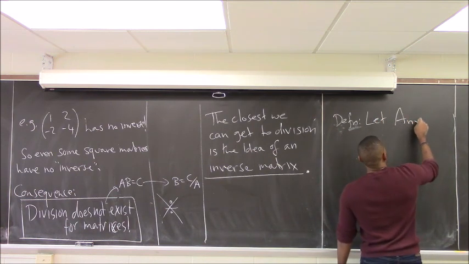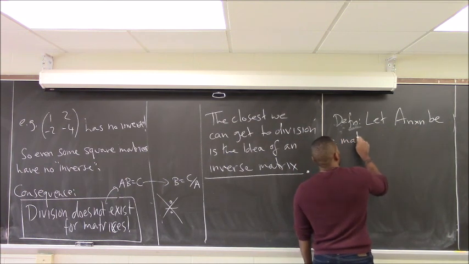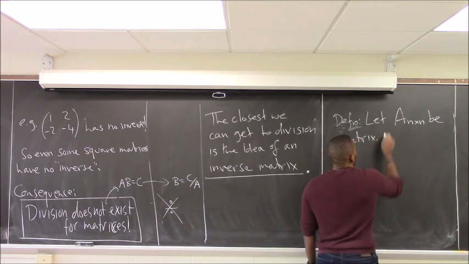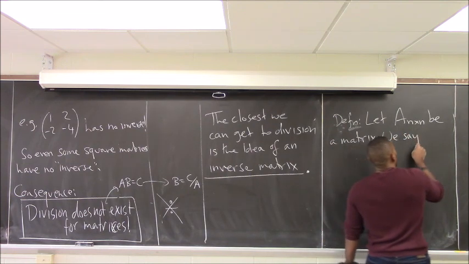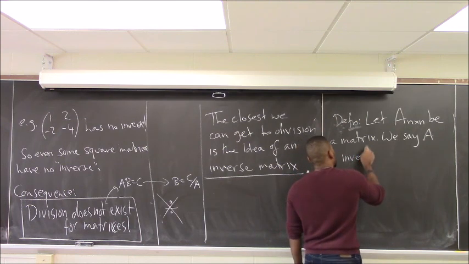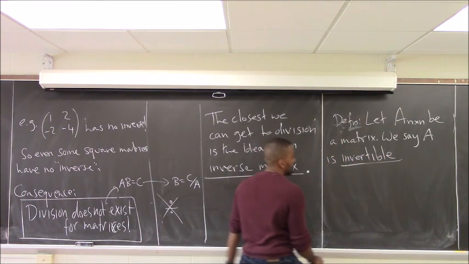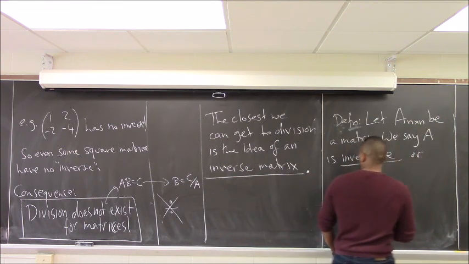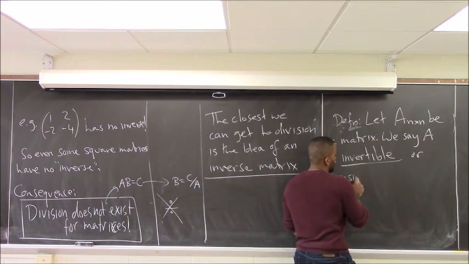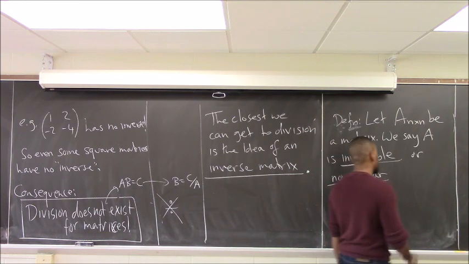Let A, n by n, be a matrix, so it's a square matrix. We say A is invertible. I'm defining that word. Or another word you'll see some textbooks use, even though I won't really use it, non-singular.